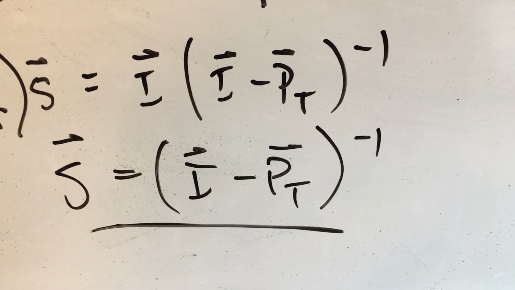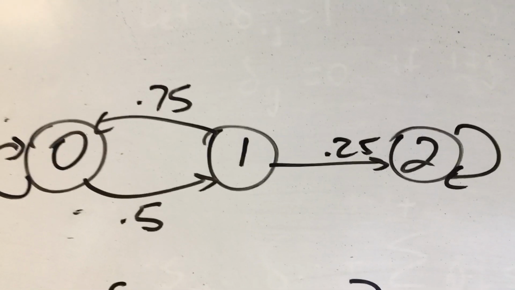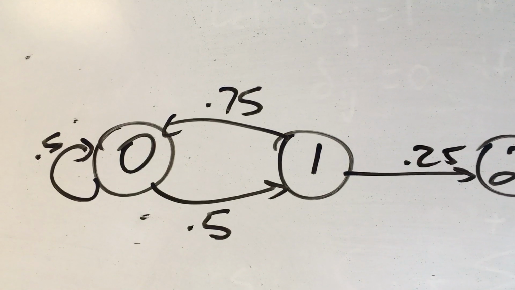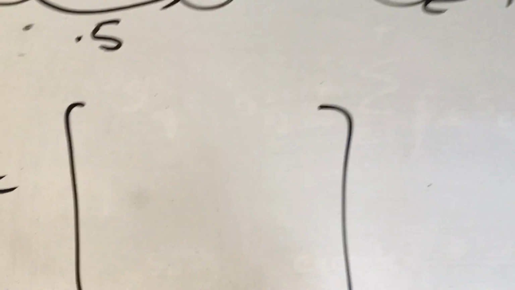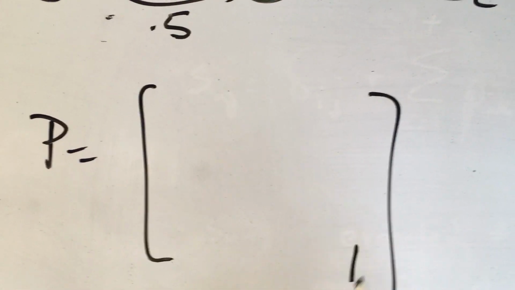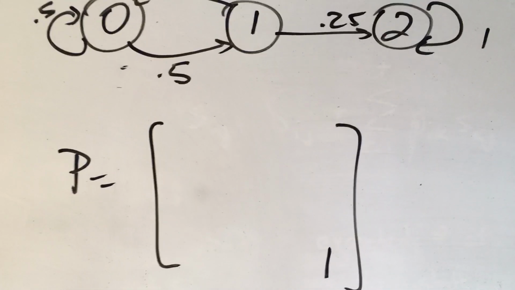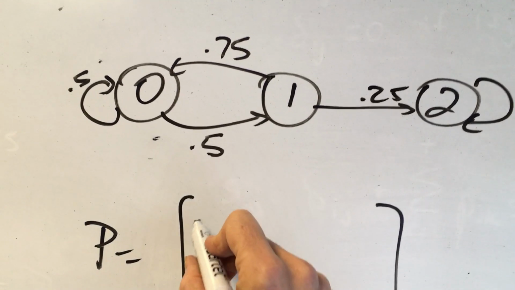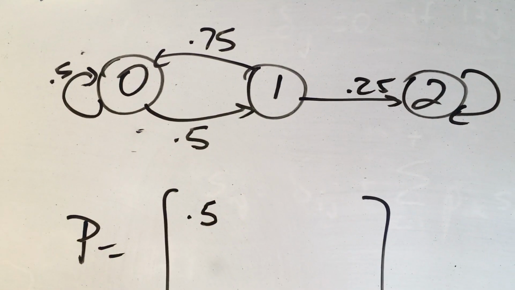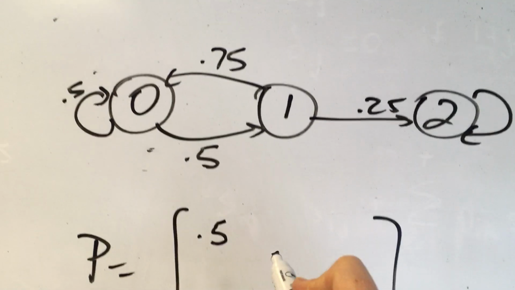Alright, so we're going to do an example. Let's take this little system up here. We have one class of transient states and one absorbing state over here. We know that the probability of going from state 2 to state 2 is just 1. The probability of going from state 0 to itself is 0.5, and from state 0 to state 1 is 0.5.